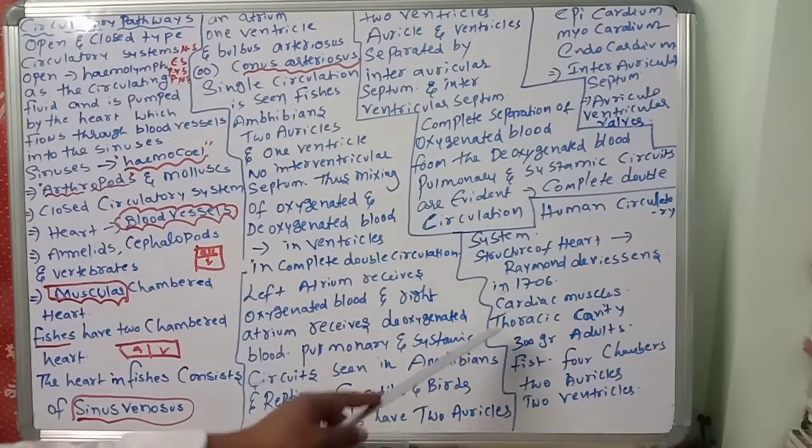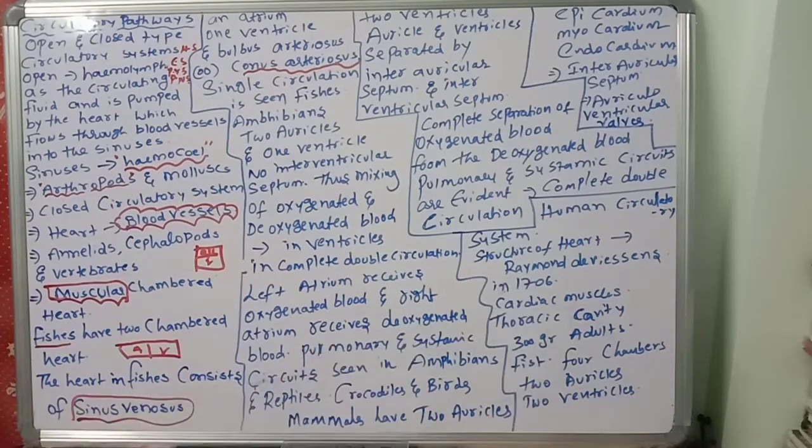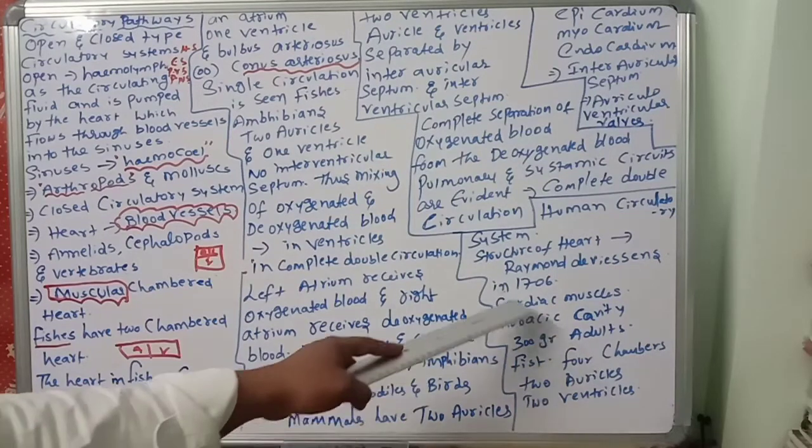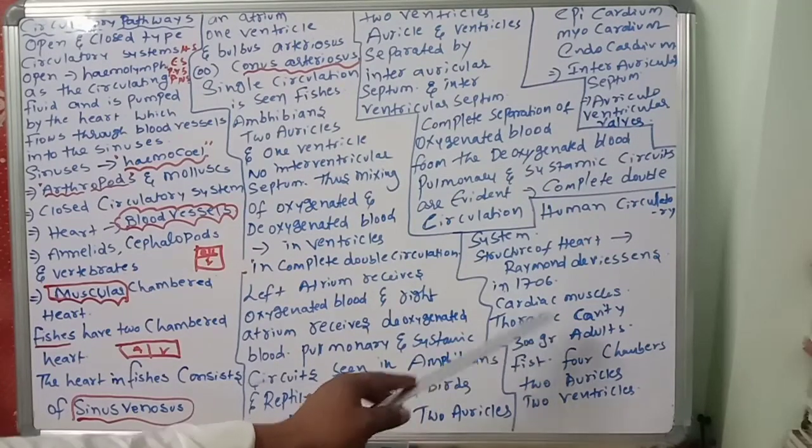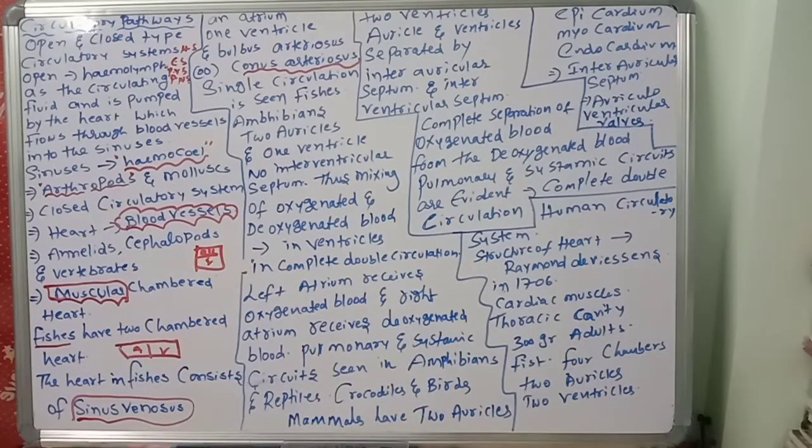Cardiac muscles have special structures called intercalated discs, which are helpful for rhythmic impulse movement. Next, the weight of the heart is 300 grams in adults. The size of the heart is like a clenched fist, the fist of the particular person.